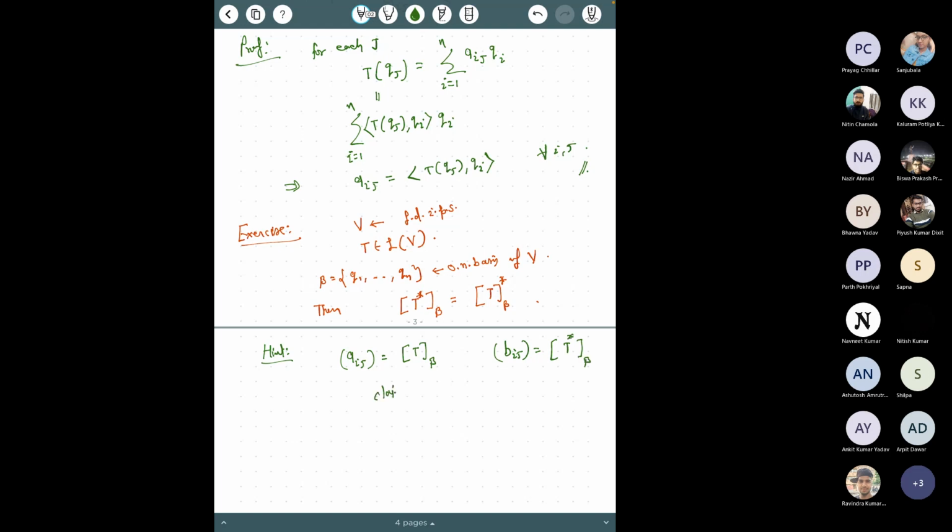So what should my claim be? My claim should be to show that Bij is Aji bar, since it's a complex conjugate transpose. Right? This is my claim.